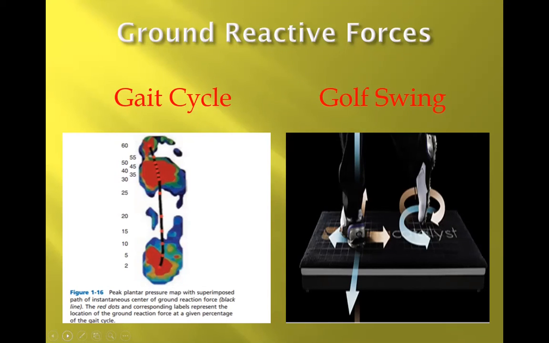So, as a summary, how is linear gait different from golf gait? Well, the gait cycle mostly puts your body mass or your center of gravity linearly from heel to toe, whereas the golf swing is dependent on all different types of torques, shears, and rotation.